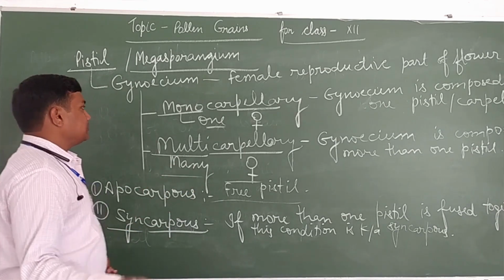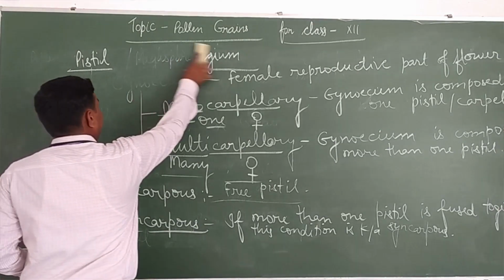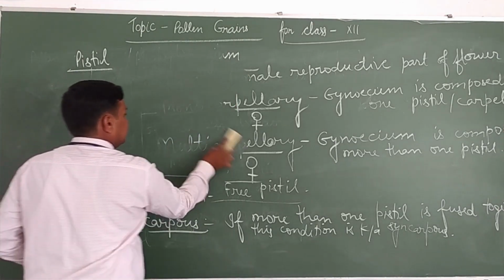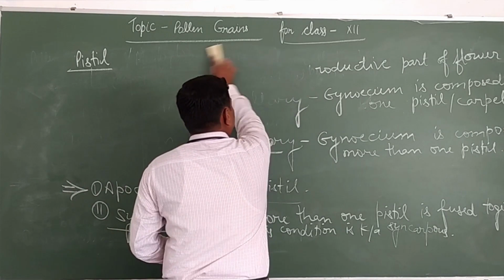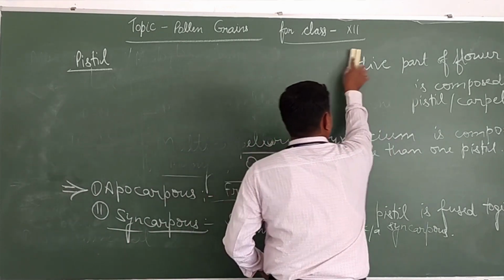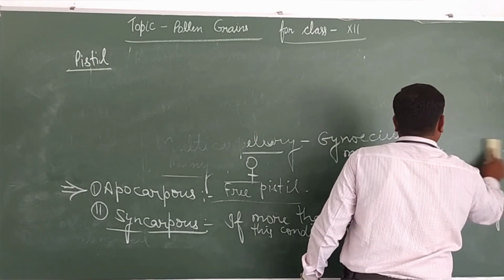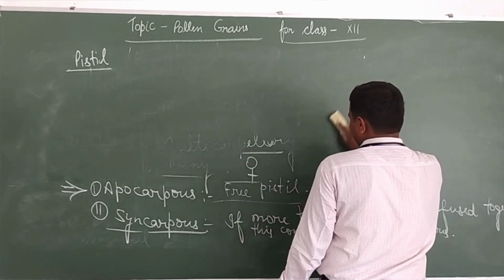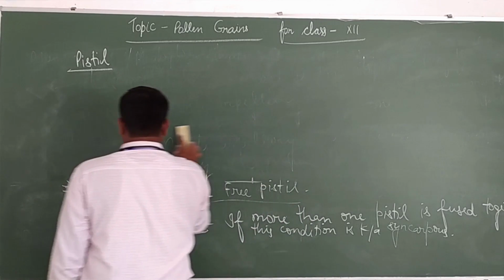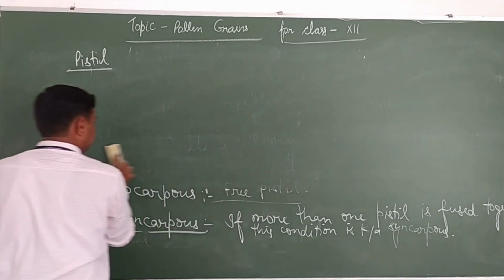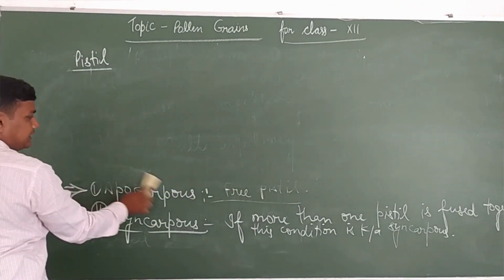So now students, come to the parts of pistil. As you know, the pistil or carpel, the female reproductive organ, is composed of stigma, style and ovary.